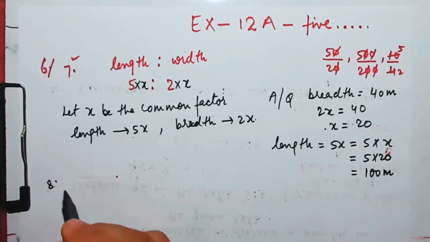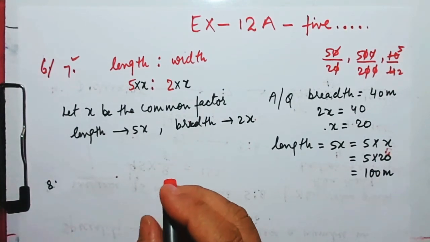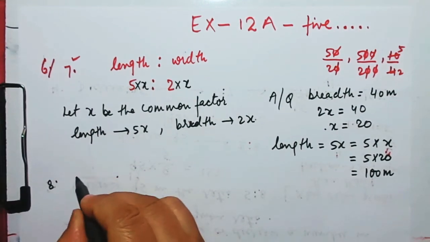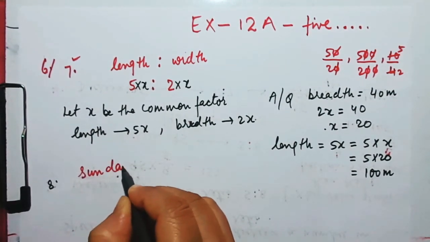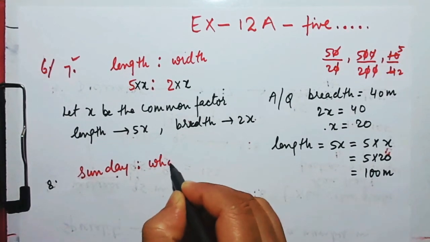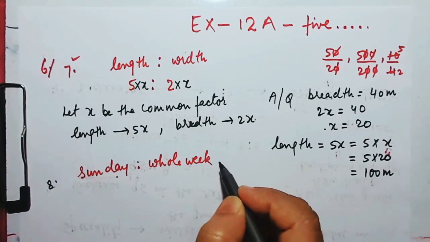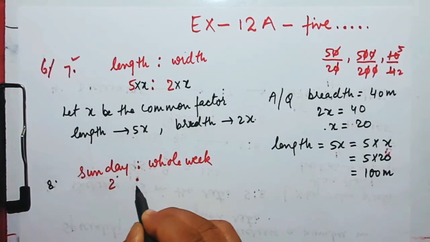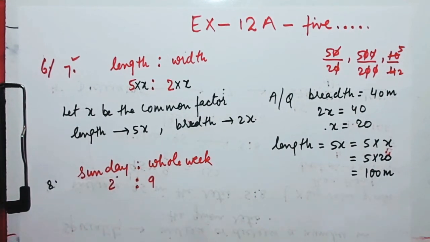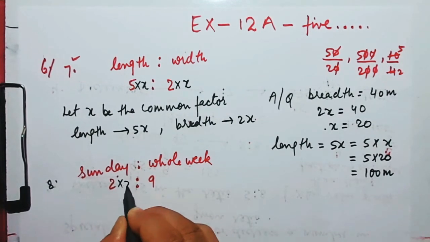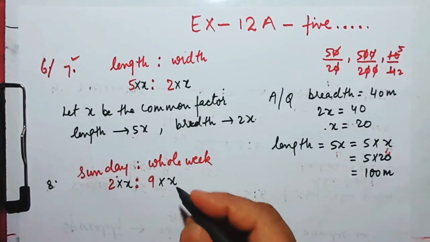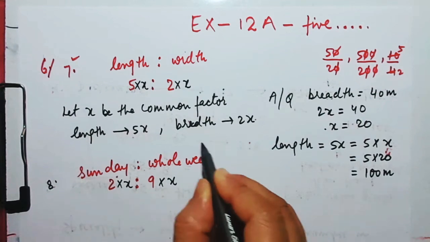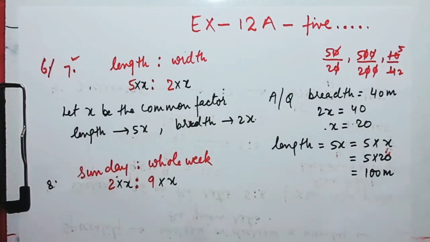Come on, let's finish 8 also. I hope you have understood that whenever the ratio of sale on Sunday to the whole week is given as 2:9, then if you multiply it by a factor x, the total sale on Sunday was 2x and total sale of the whole week was 9x.